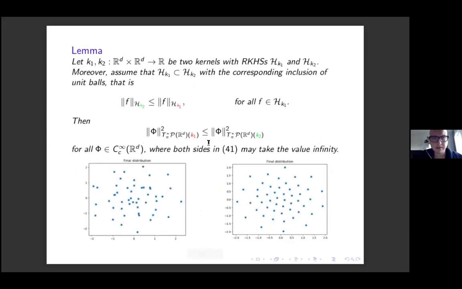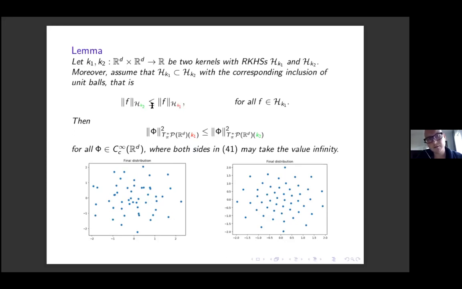Okay. And so these are the asymptotic expressions for the large deviation functionals for this I. And we can see that an ordering of these I's in terms of the k's can be achieved in terms of the ordering of the corresponding reproducing kernel Hilbert spaces.